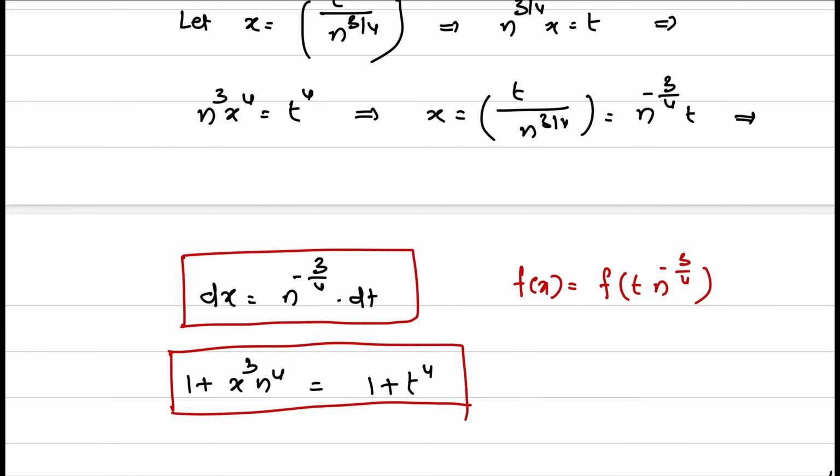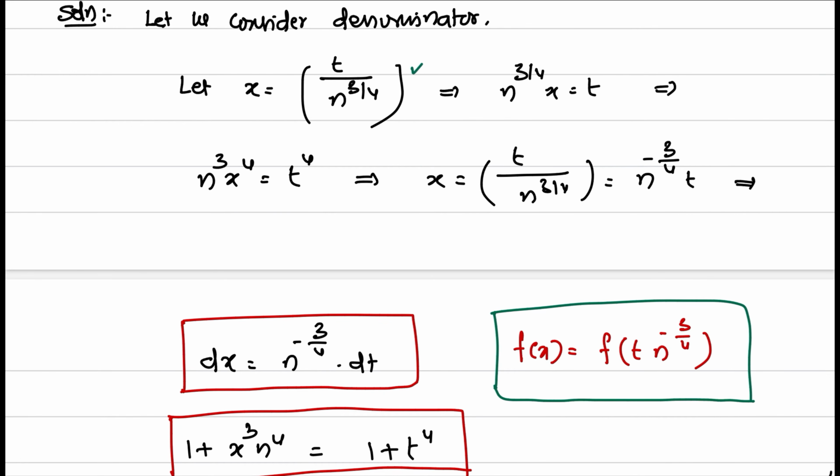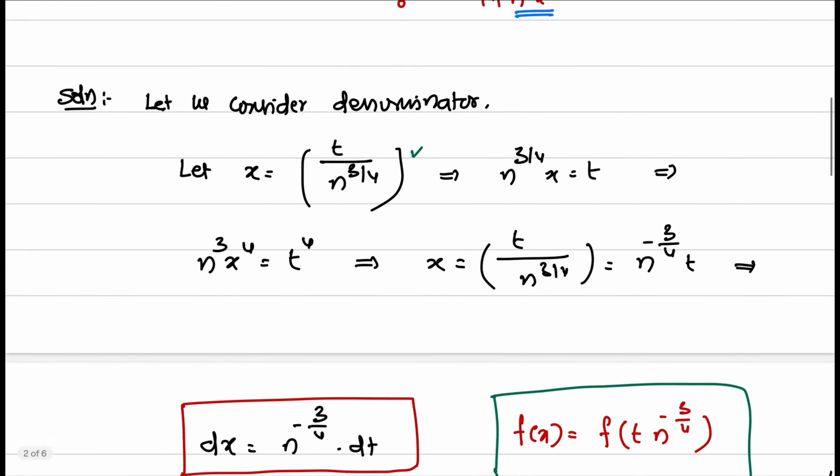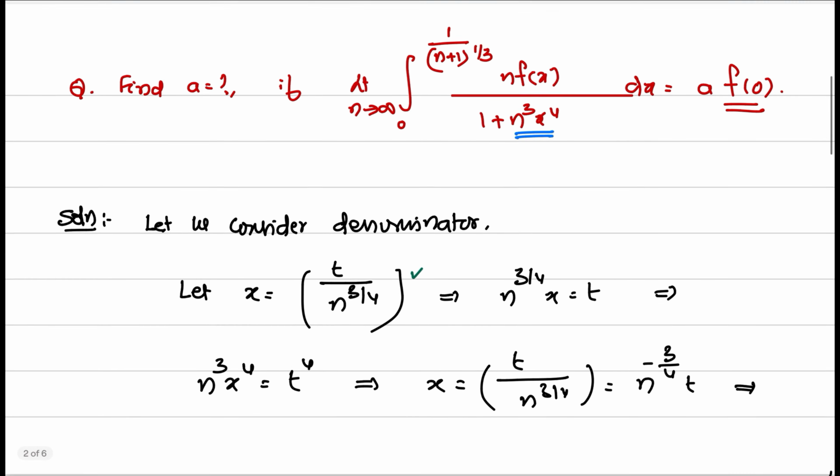Do you agree? These are the three things which we have derived from assuming x is equal to t by n to the power of 3 by 4. We are just simplifying. Don't worry about anything.